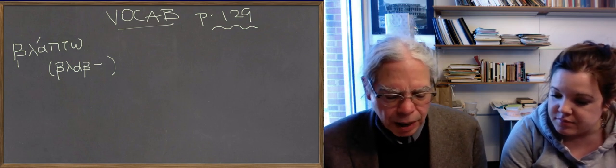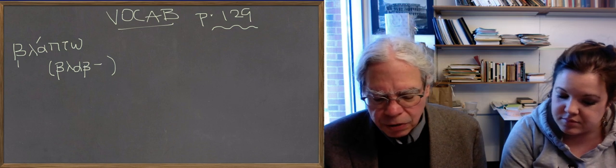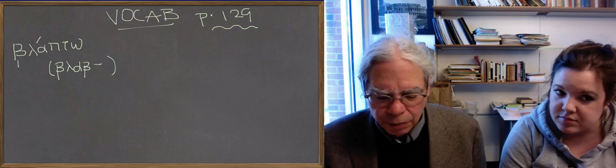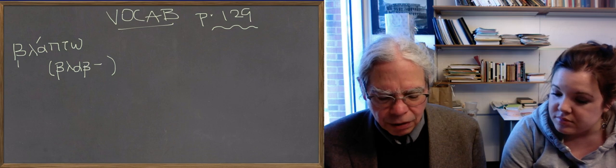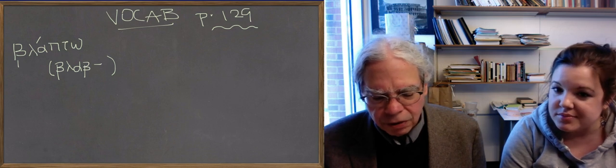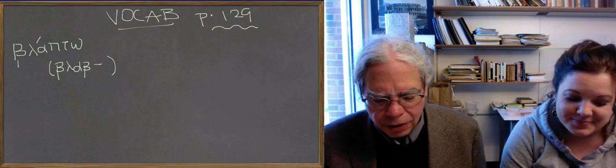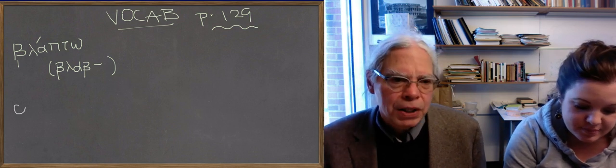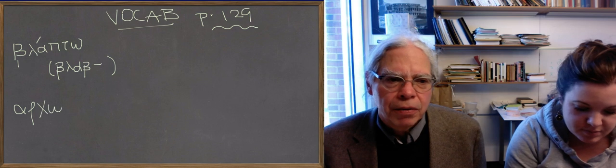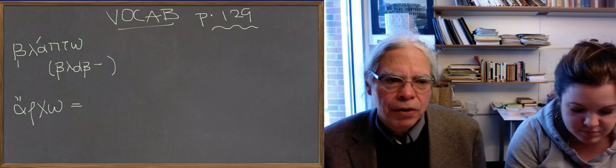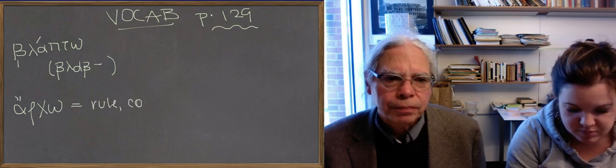There's also the verb archō, which means two things, at least at the moment. It's going to mean a third thing once we get to lesson 7. It means rule or command. It also means begin, and that's because the underlying meaning of this verb is to be first.